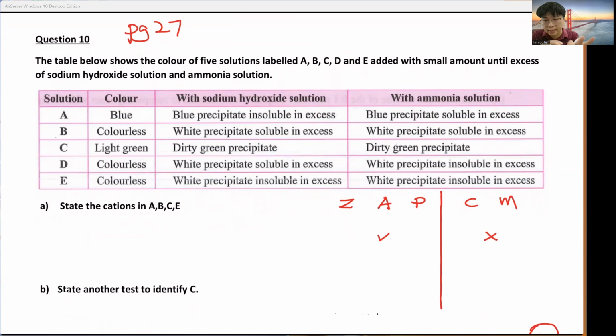Okay, ZAP and CM you separate first. Then you separate the Z and AP, you separate the C and M. Then you do tick cross again, and here tick cross again. I leave some space above here because we need to fill up the precipitate color.